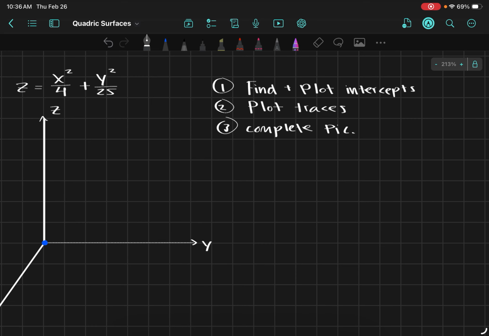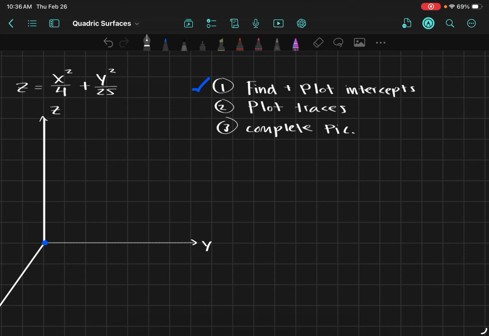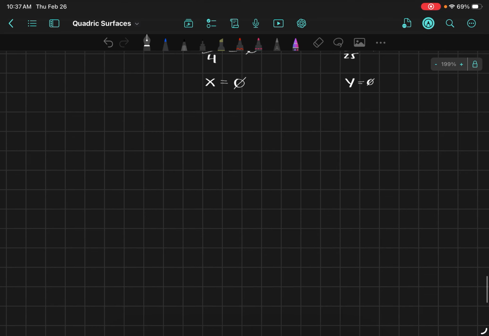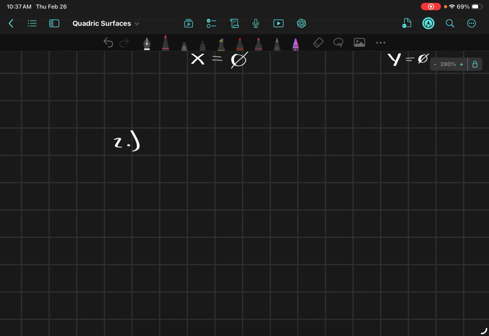Step 1 is completed. Now, we are going to begin to plot our traces. Recall in the last video that I like to color code my traces because I think it makes it easier to visualize. So, we are today going to start off with the YZ trace. You will find out why soon. So what is the YZ trace?